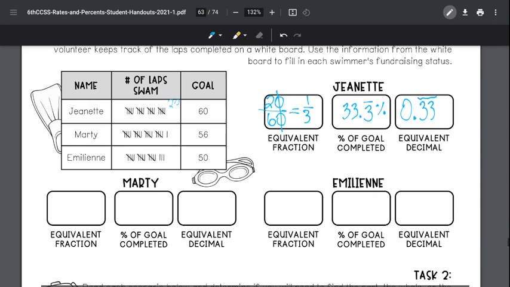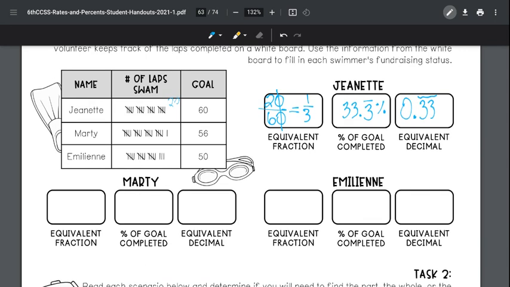Marty swam 5, 10, 15, 21 laps, and his goal was 56. 21 over 56. Now to simplify that, I look at 21 and 56 and think, what small number can we use to simplify this?